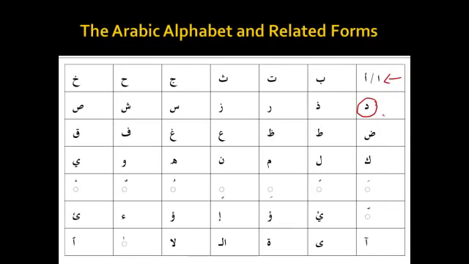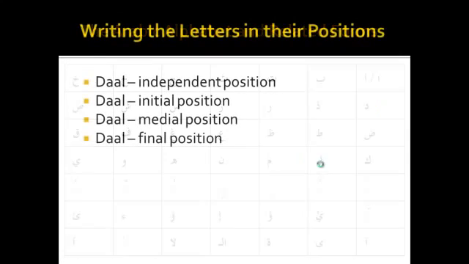And you see, we're getting there. We're close to halfway. Well, maybe actually more like a little bit more than 1/4 of the way through the letters. So let's now look at the daal in the 4 positions.